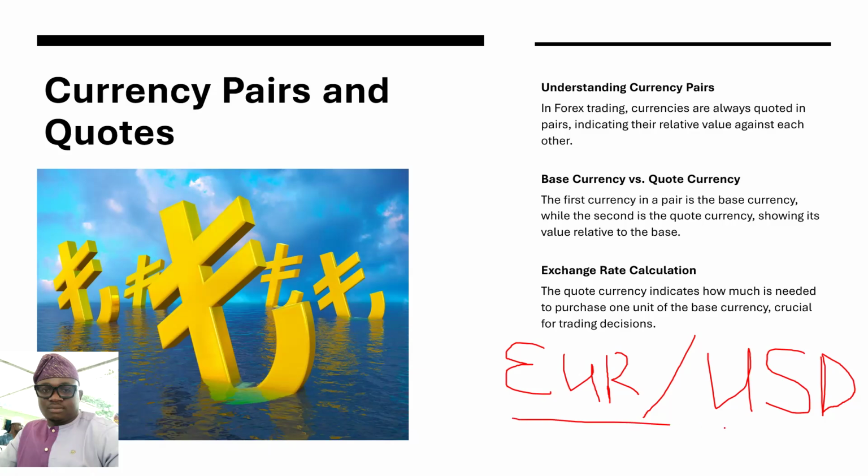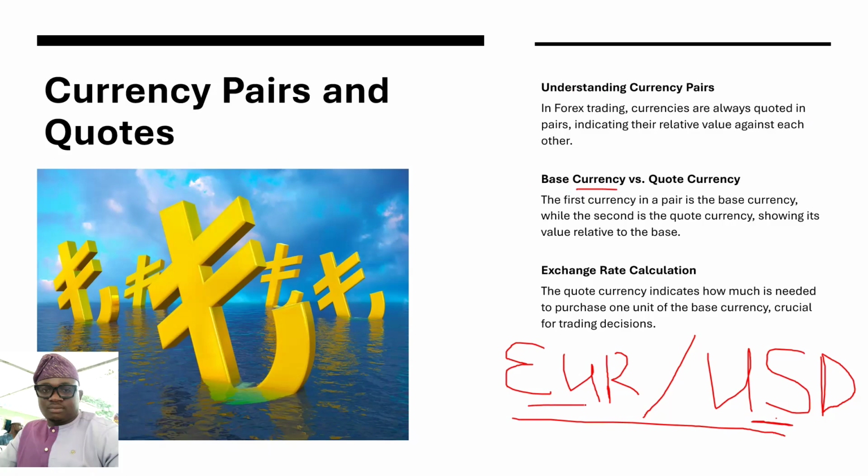So this is a pair in forex trading. I'm talking about understanding currency pairs. In forex trading, currencies are always quoted in pairs. This is how you're going to say it: Euro versus USD. So this USD you see here is used to value the euro on this side. So then automatically we're talking about base currency.